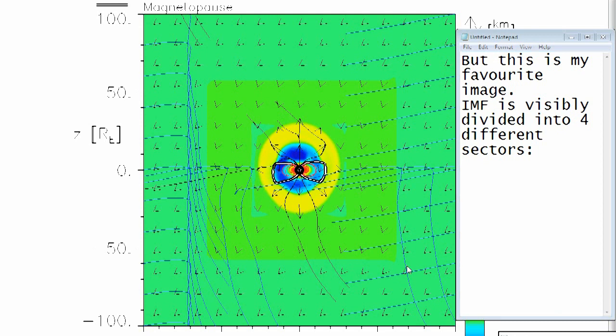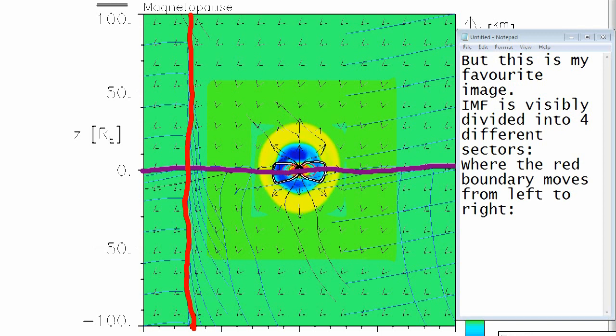The IMF is visibly divided into 4 different sectors, where the red boundary moves from left to right.